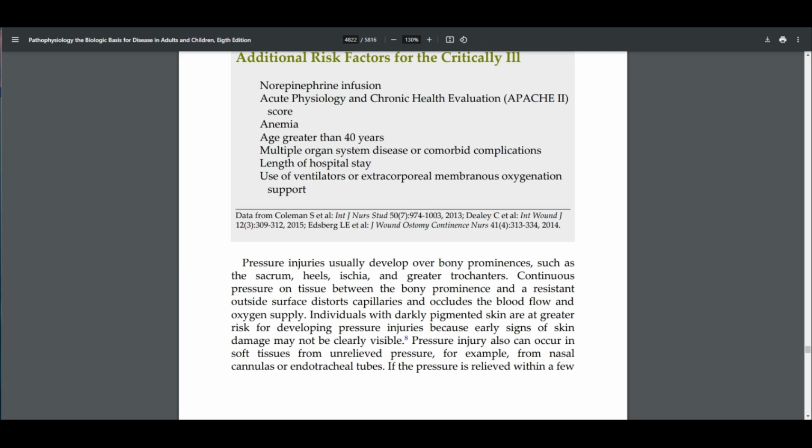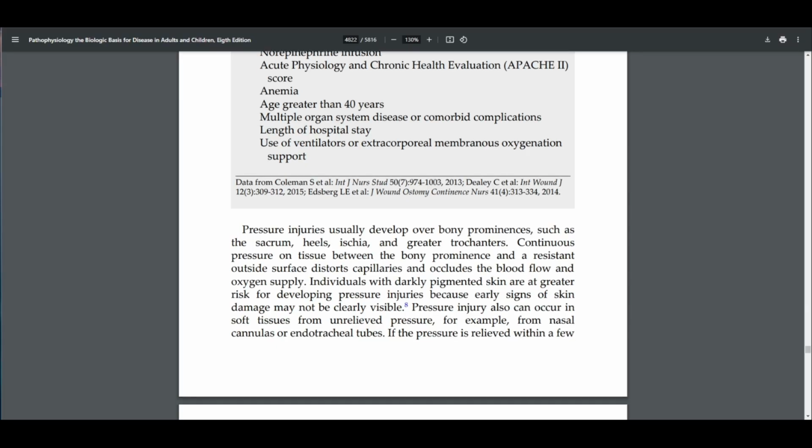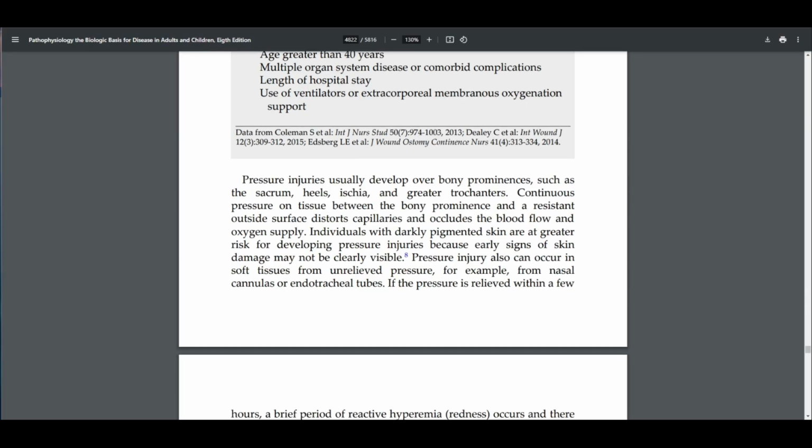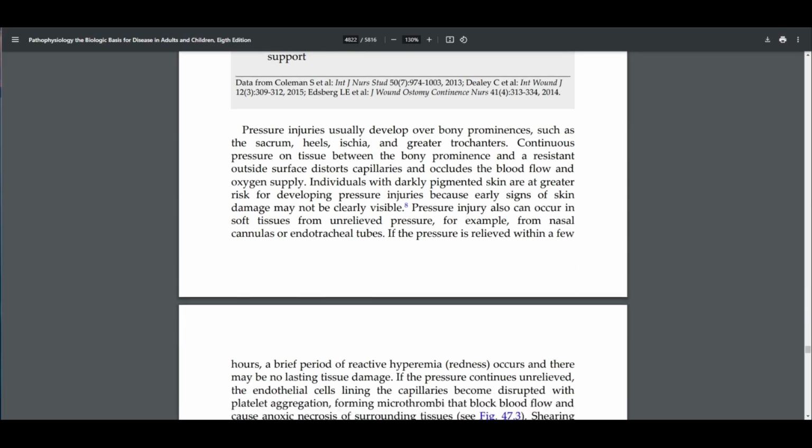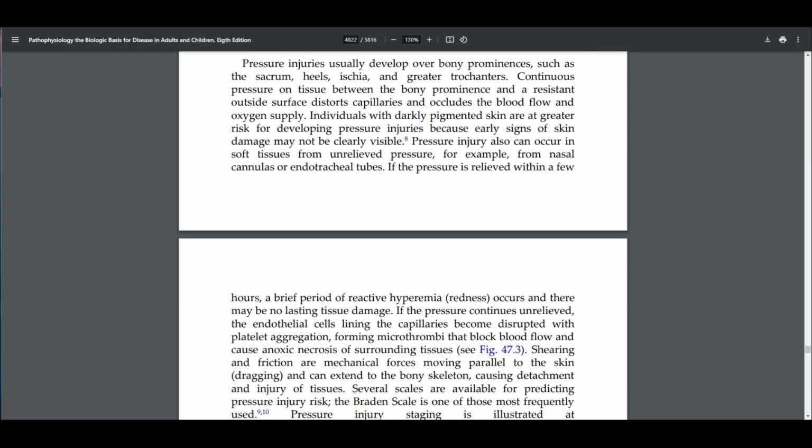Continuous pressure on tissue between the bony prominence and the resistant outside surface distorts capillaries and occludes the blood flow and oxygen supply. Individuals with darkly pigmented skin are at greater risk for developing pressure injuries because early signs of skin damage may not be clearly visible.